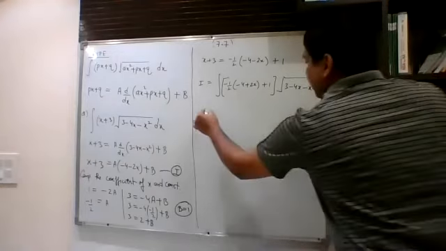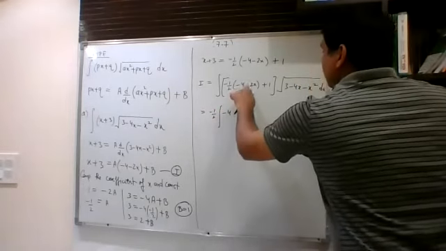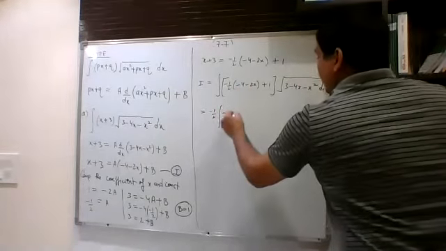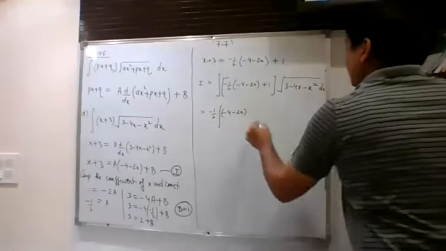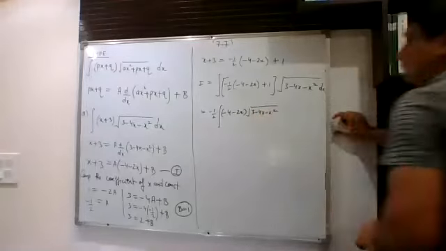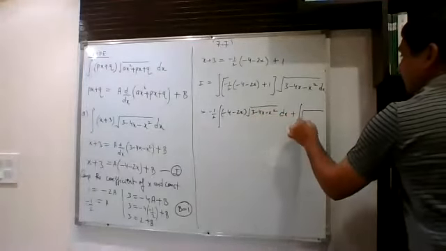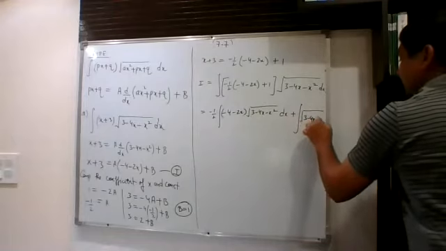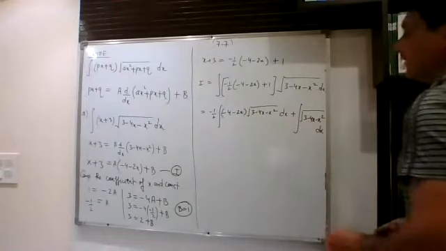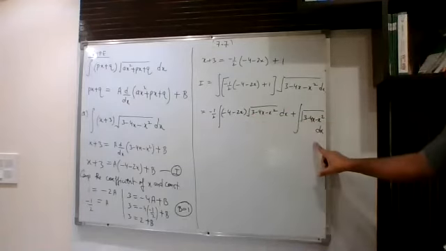So this is how we can write it: minus 1 upon 2 times the integral of (minus 4 minus 2x) under the root of 3 minus 4x minus x square dx, and second is the integral of under the root of 3 minus 4x minus x square dx. Right? So now you can see that this is your I1 and this is your I2.